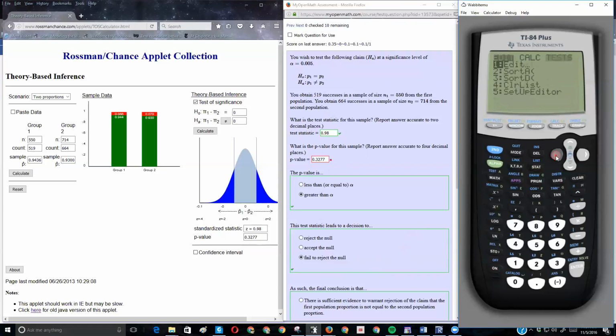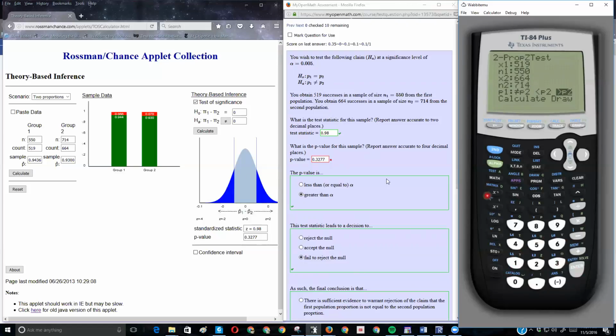So I'm going to do stat test, 2 proportion z-test, so choice 6. I have 519 in group 1 out of 550. I have 664 out of 714.